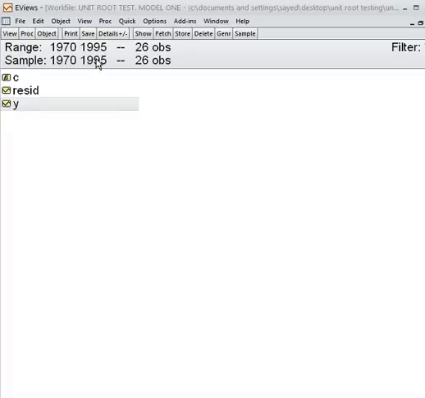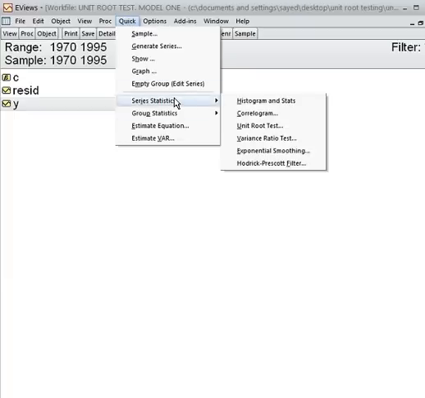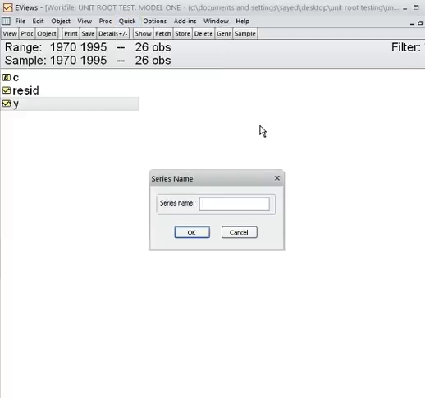So first I click on Quick, then I click on Series Statistics, then click on Unit Root Test. You can see from here, I'm clicking on it. Okay, what is the name of the series?